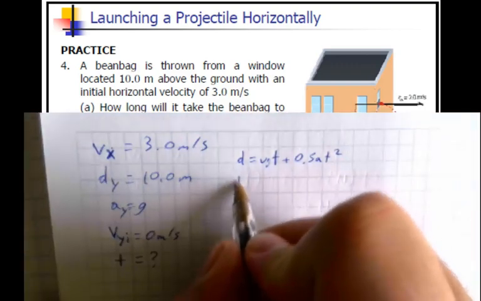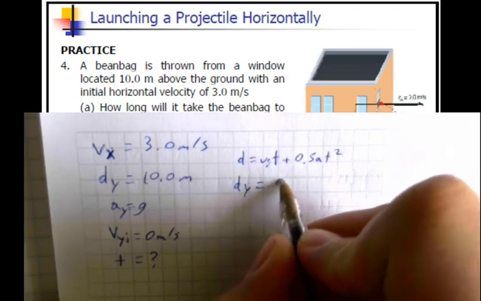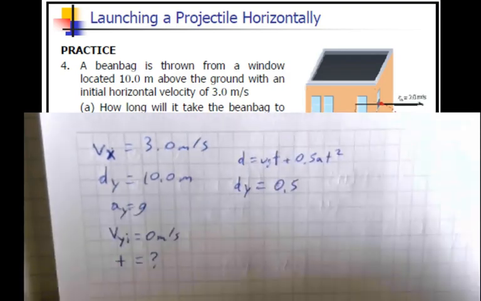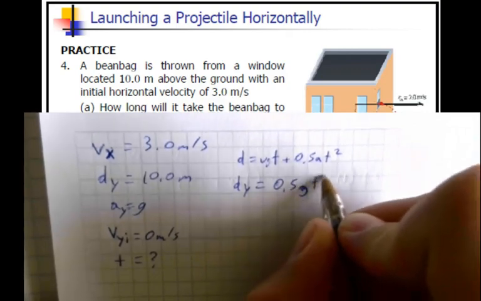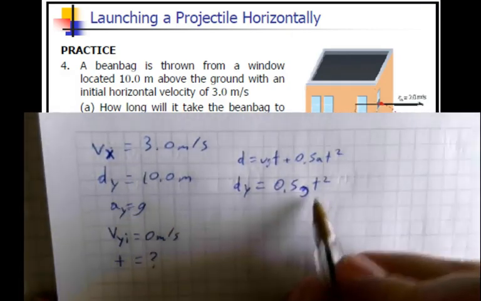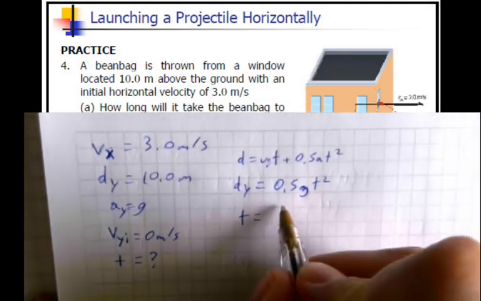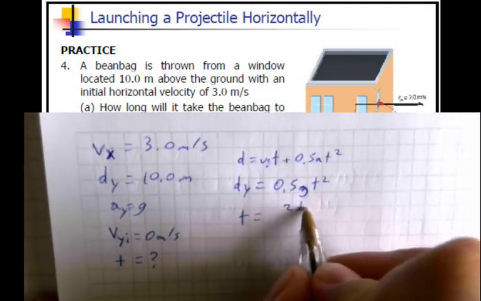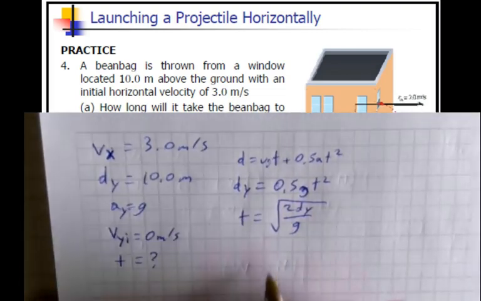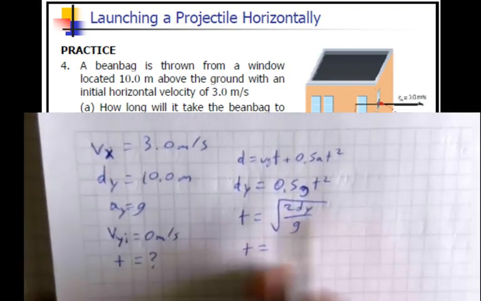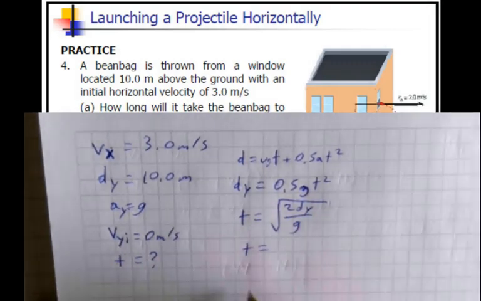And in this case, it's dy equals vi t, which becomes 0 because vi is 0, plus 0.5 g t squared. And I'm trying to solve for my t, so this becomes 2 dy over g, and I square root that. Because I'm taking down as positive, this is a positive and that's a positive.